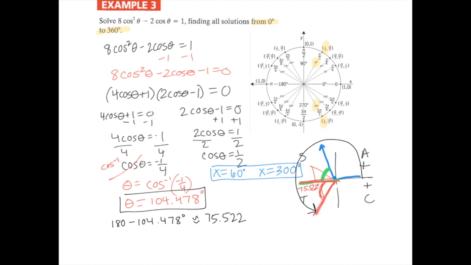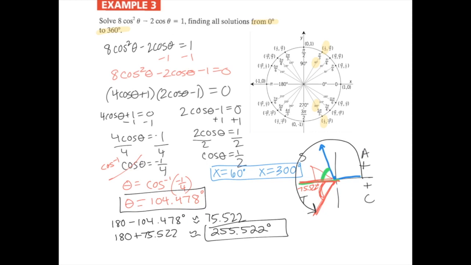And so that would give me 180 plus 75.522 degrees, which would give me an angle of 255.522 degrees. So that would be my fourth and final value of theta that would satisfy this equation.